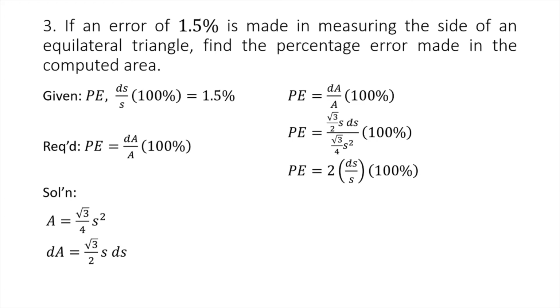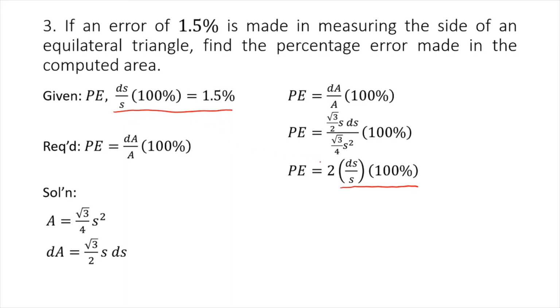Okay, so in this case, there's no need to determine the actual value for s and ds, right? Because as you can see, this expression here, ds over s times 100%, is actually the given percentage error in measuring the side of the equilateral triangle, right? So 1.5%.